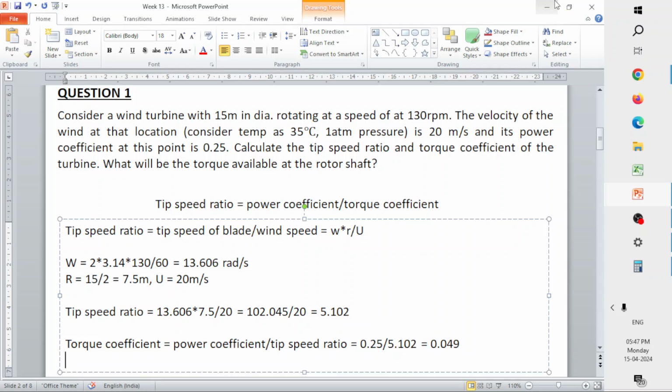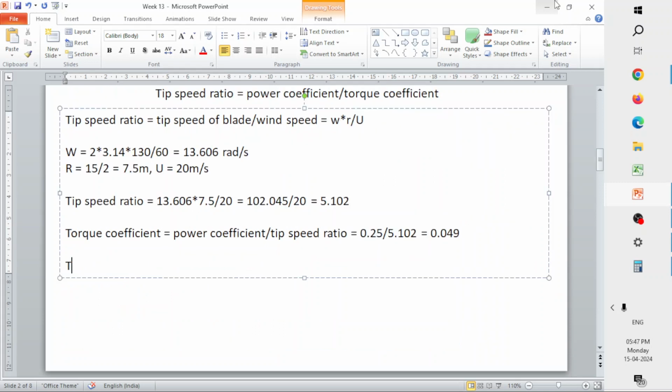Now you know the torque coefficient, so you can write the expression for torque as the torque coefficient times the theoretical torque, that is half times rho, the density of the air, times A times u square.